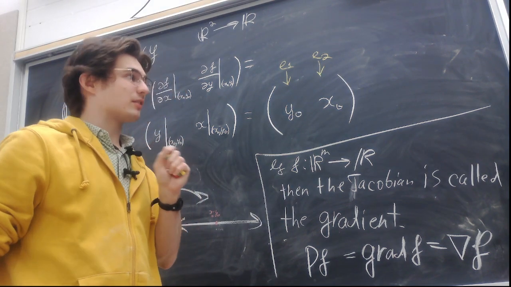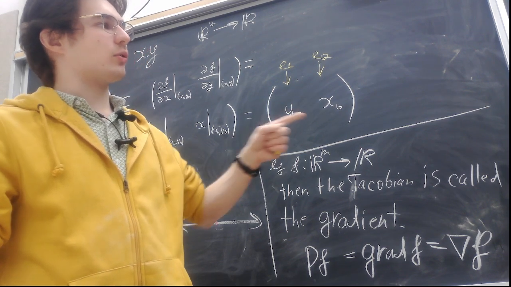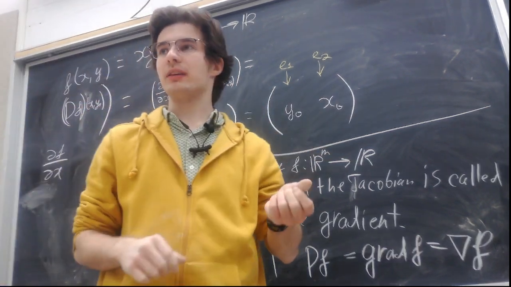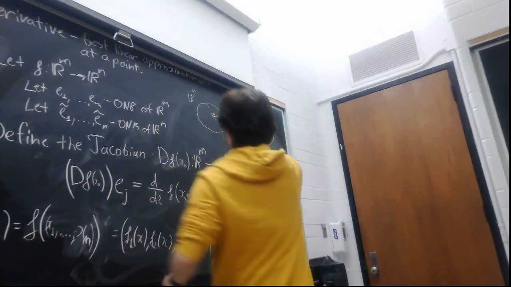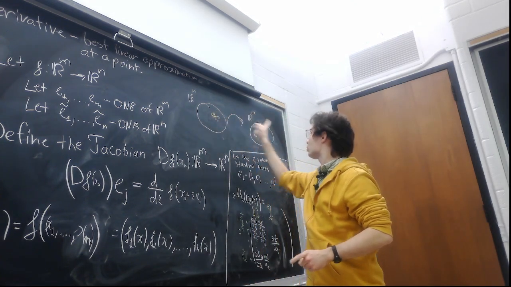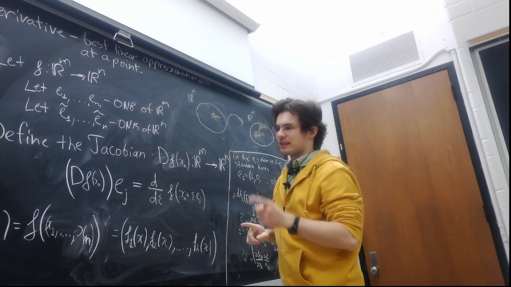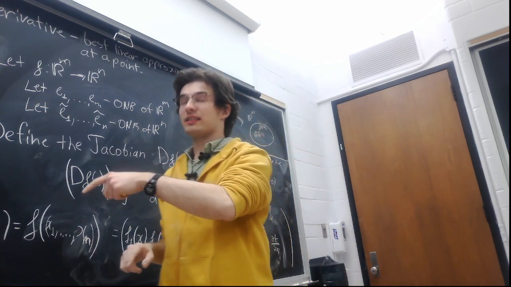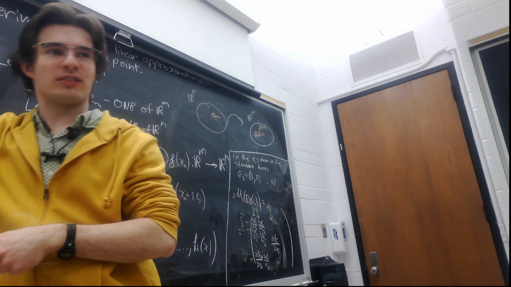Now, the gradient actually is really special. In what sense? We said that the Jacobian is a map. It tells me how a vector locally here would get mapped into a vector somewhere at this other point locally. But in this case, the gradient, even though it's a linear map, is actually itself a two-dimensional vector.